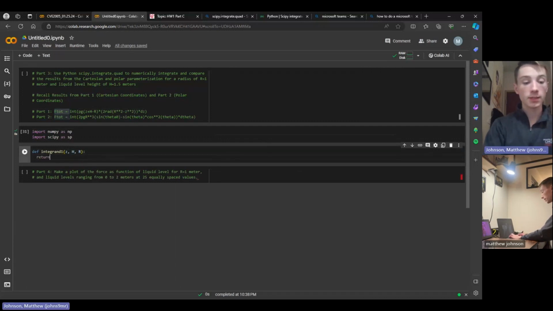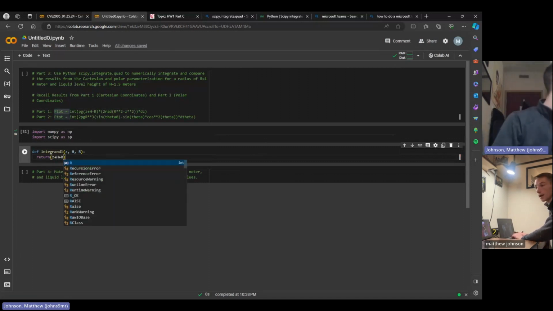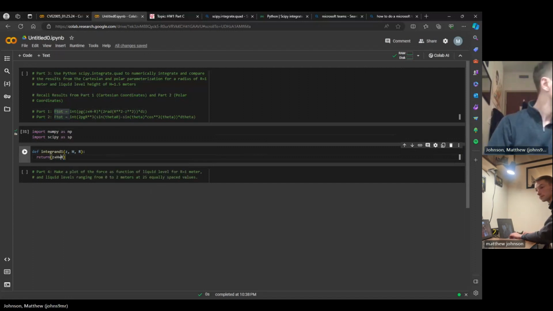When we call this, we want it to return the following. Looking at our expression, we get z plus h, r, and I'm leaving rho and g and all of our numerical constants out. Okay, so we get z plus h plus r. I apologize again for the stuffy nose.